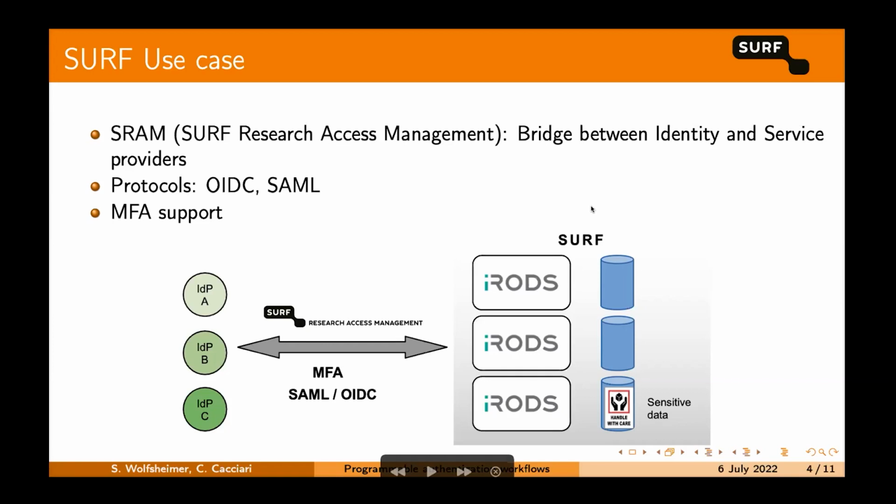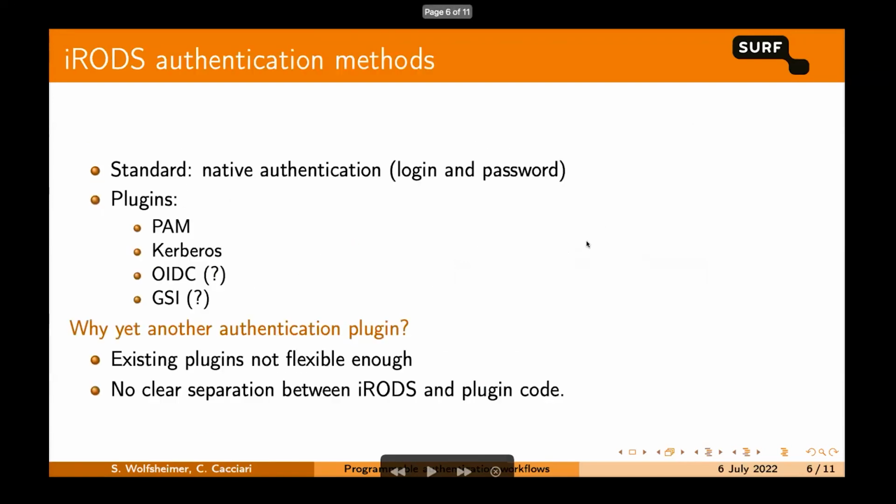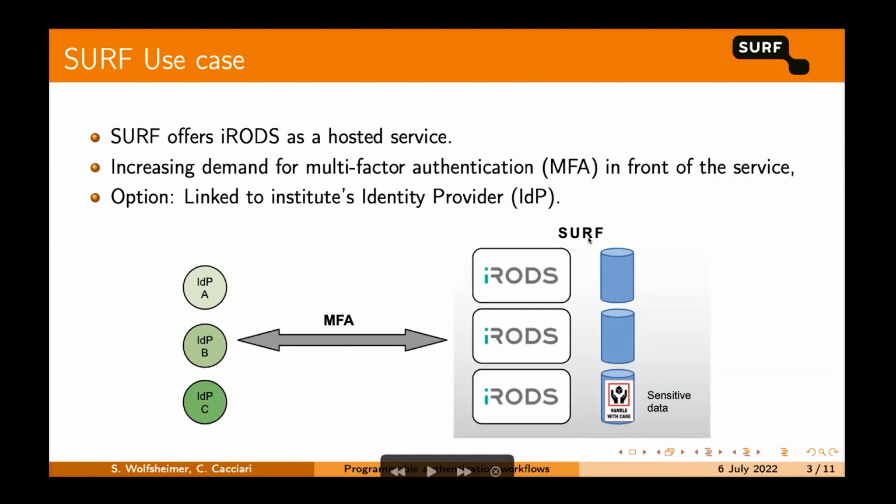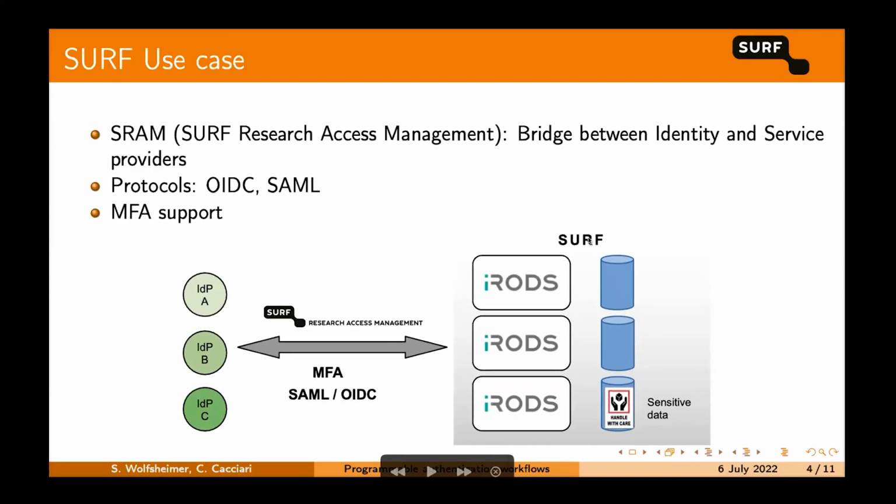This is particularly interesting when you want to collaborate in a team. Another challenge is enabling multi-factor authentication, which is not directly supported by iRODS. For sensitive data, we might need additional security.